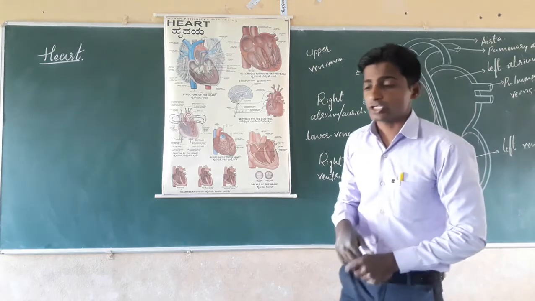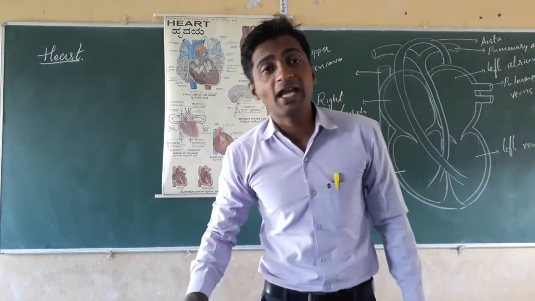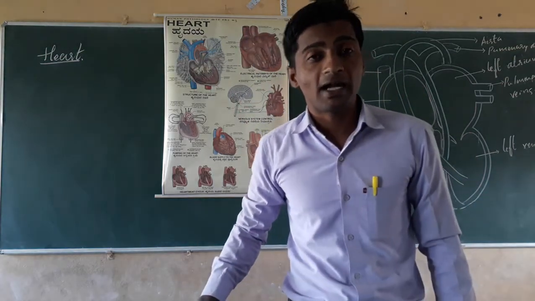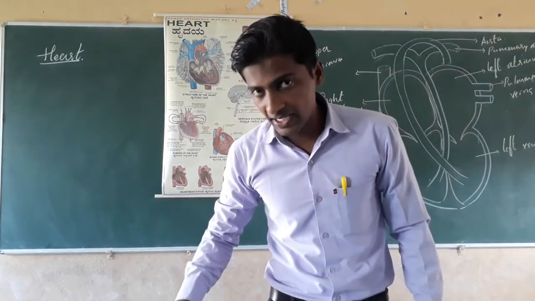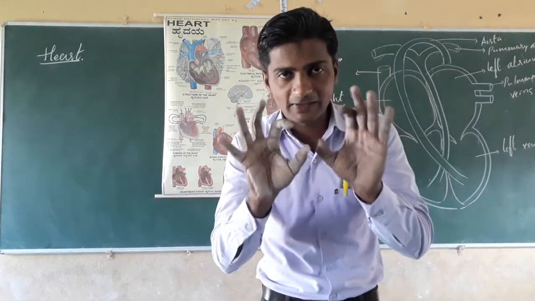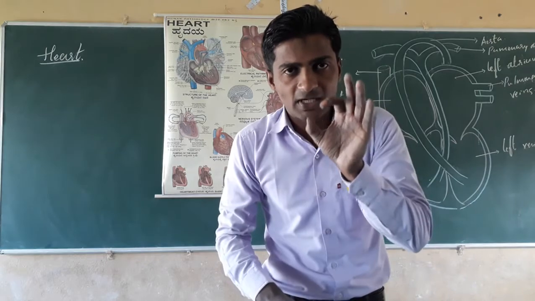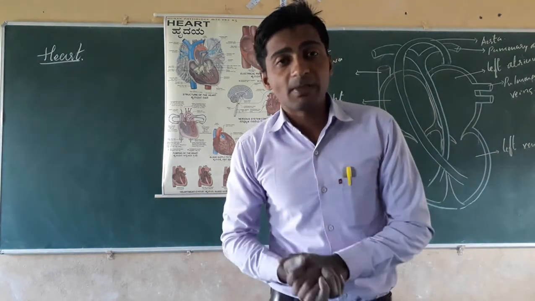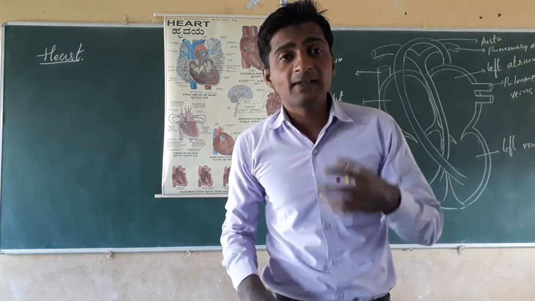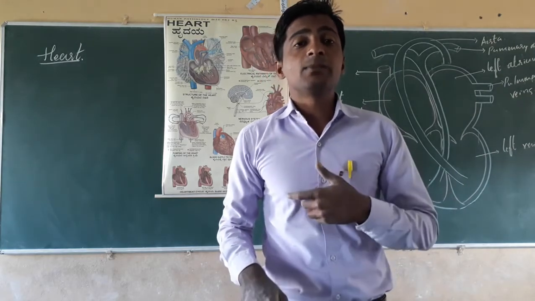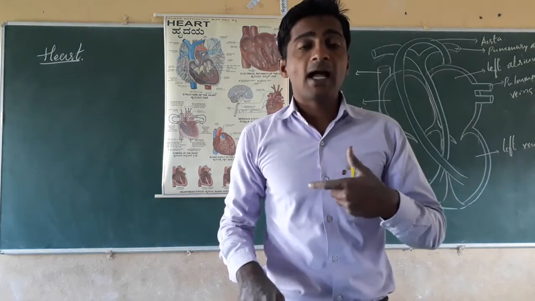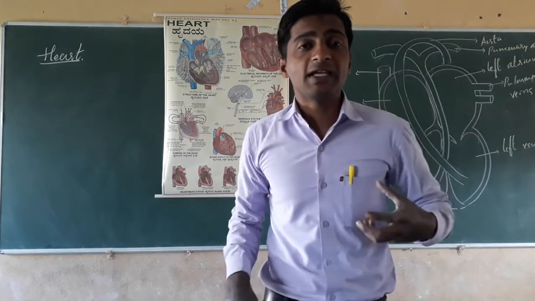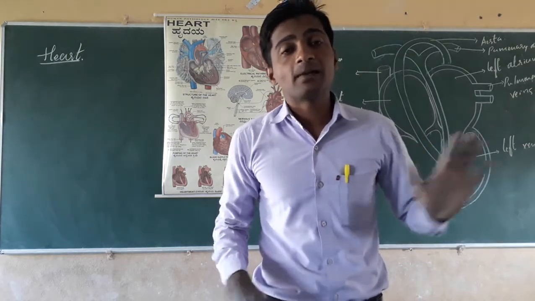In the examination, he may ask, explain the structure of the human heart. Then you have to explain that the human heart is a muscular organ which is present in the cardiac cavity, made up of cardiac muscles. It lies in the cardiac cavity in between the two lungs, and its lower end is deviated towards the left part.